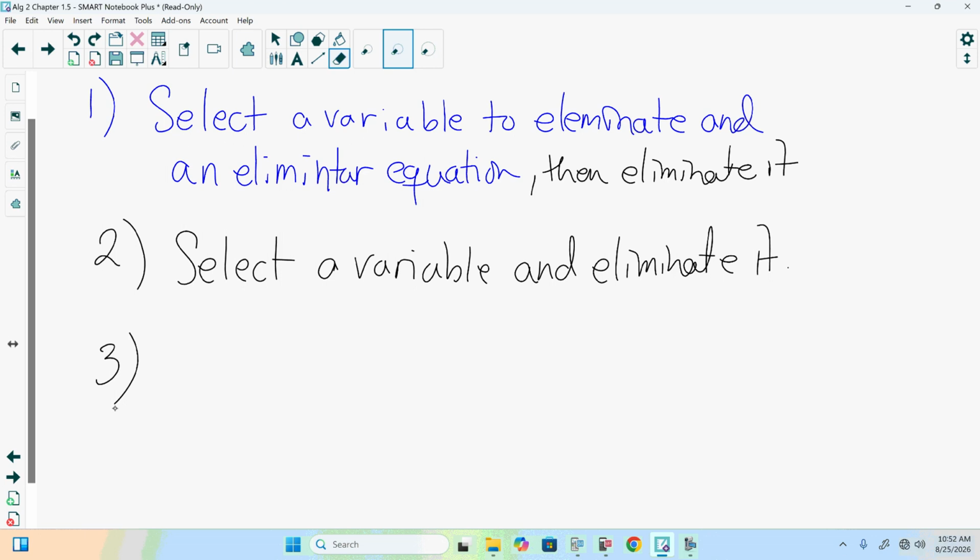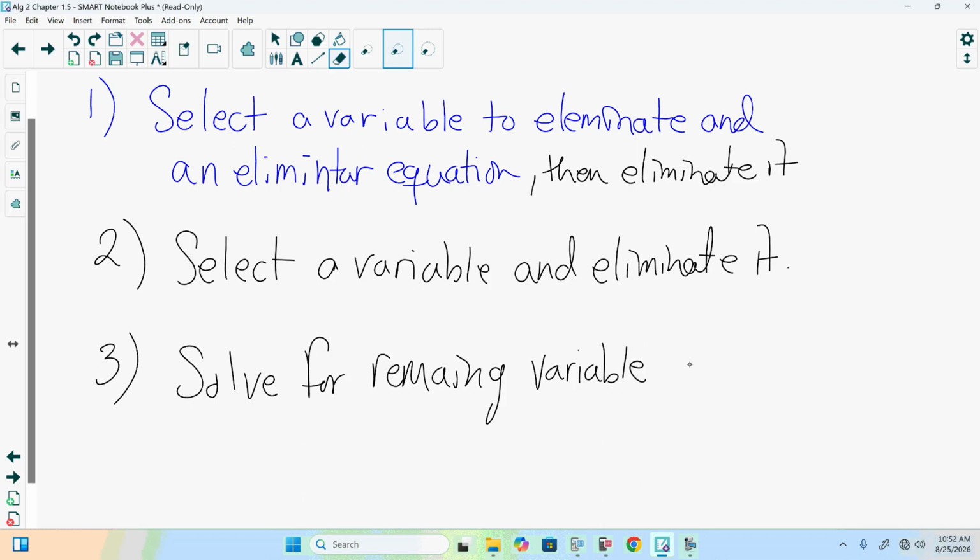And once we do that, we should have 1 equation with 1 variable. Solve for the remaining variable and work backwards.